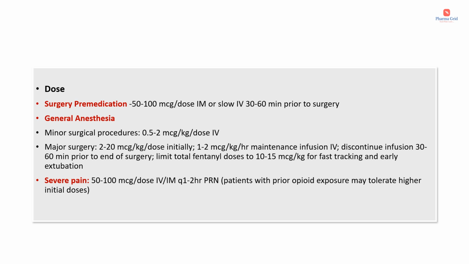Discontinue infusion 30 to 60 minutes prior to end of surgery. Limit total fentanyl doses to 10 to 15 microgram per kilogram for fast tracking and early extubation. In case of severe pain, the dose of fentanyl is 50 to 100 microgram per dose IV or IM, Q1 to 2 hour PRN. PRN means as needed. Patients with prior opioid exposure may tolerate higher initial doses.